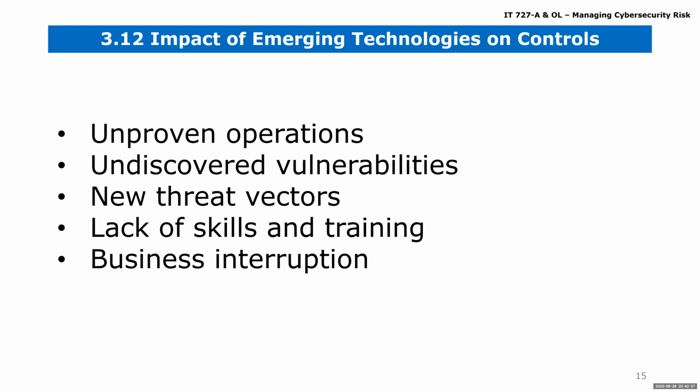And obviously, with emerging technologies, we might face business interruptions because we don't even know what those risks are from leveraging those new technologies and new controls. So it could also present its own challenge that will ultimately result in some form of interruption. Okay? As always, we keep saying that every risk must be associated with who owns it.